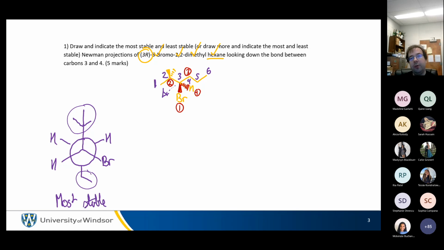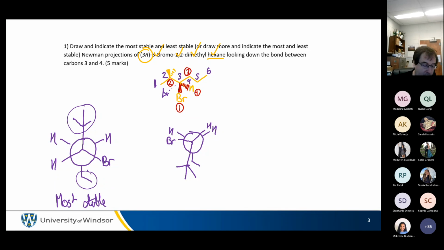The least stable Newman projection I can draw is where the 2 biggest groups eclipse each other. So what I'm going to do is I'm going to freeze the back carbon. I'm not going to move the back carbon. You can freeze the front carbon if you like. I don't care. Both right. And then the front carbon is going to eclipse it. So everything on the front carbon is going to be directly on top of the back carbon. And where I'm going to try and mess you up here on this question is just make sure you rotate it right.